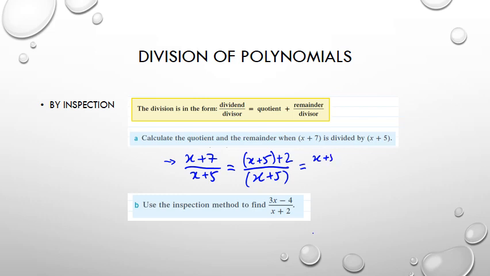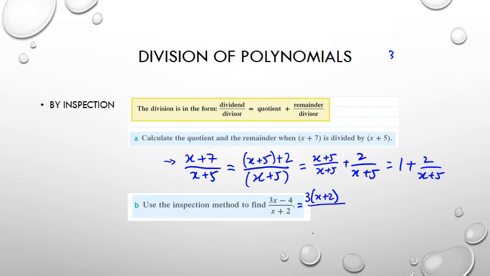Then you would just separate the fractions, like so. X plus 5 over x plus 5 is a 1, because it's the same, so it's 1 plus 2 over x plus 5. And that's how you divide it. You can do the same if there's a multiple in front of the x. So we have 3x, so we still need an x plus 2. So we simply write 3 times x plus 2.